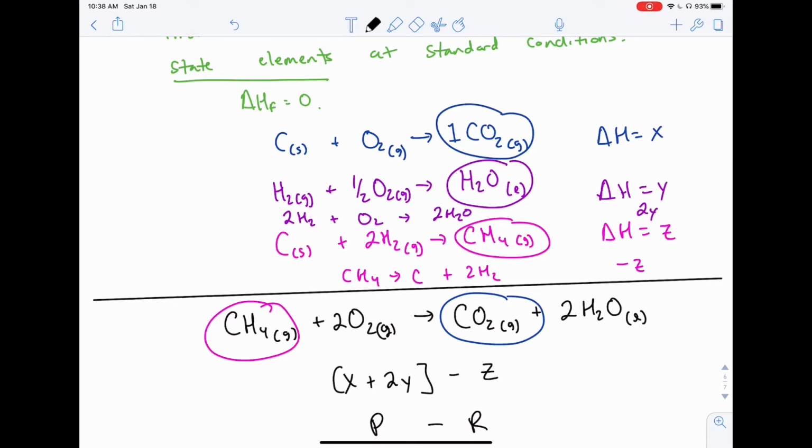So, the things in your overall reaction that are also products, the sign of the delta H's won't change. But if something's a reactant in your overall reaction, the sign will change. Because you'll have to flip this reaction to make it match the overall equation. Like CH4 in this scenario.